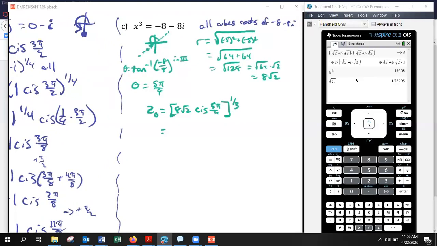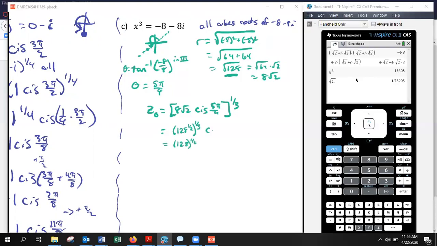So this gives me 8 square root of 2. To be honest, I think I might actually just want to keep it as the square root of 128. And the reason why is because the square root of 128, this is 128 to the 1/2 power to the 1/3 power. So this is 128 to the 1/6 power.